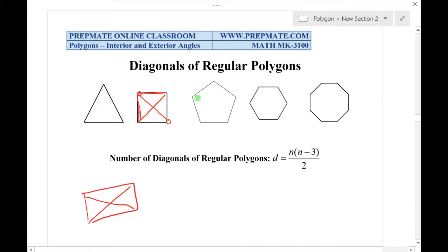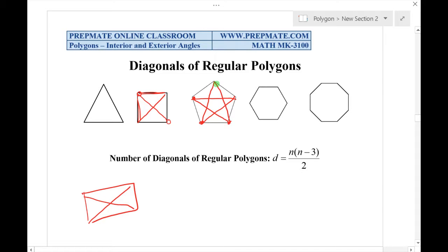And let's take the pentagon. Let's say I'm going to begin with this edge, and so you have 1 diagonal here, 2 diagonals here, and you also have 1 more diagonal here, 3 and 4, and then here 5. There are 5 diagonals.